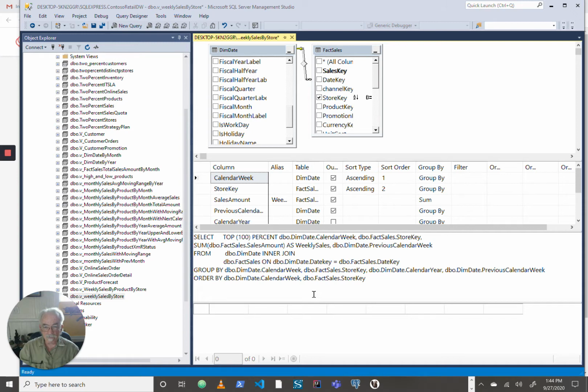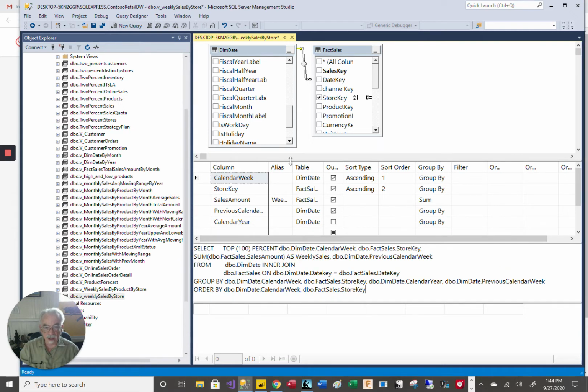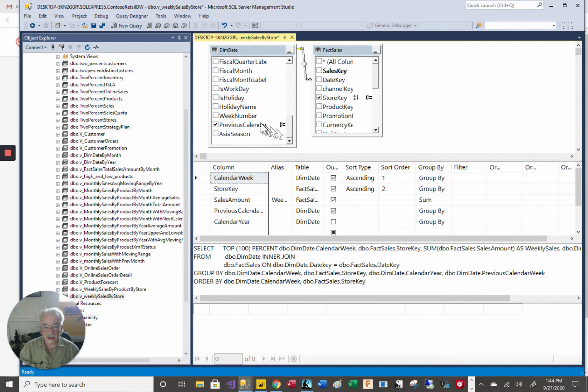So what we have here in SQL Server is the Microsoft Sample Contoso database. And I've done a query on the fact sales table. The change I made is that in the date table, in the calendar table, which is in Contoso, I added a column that has the previous calendar week in it.